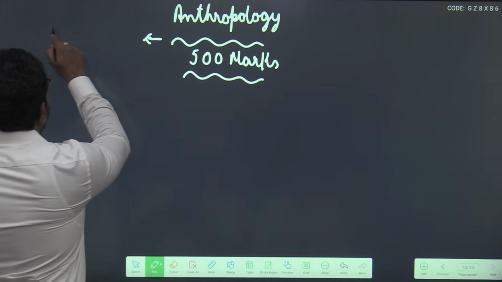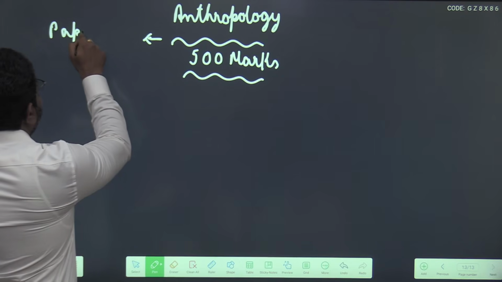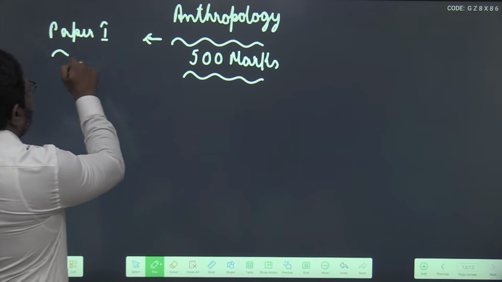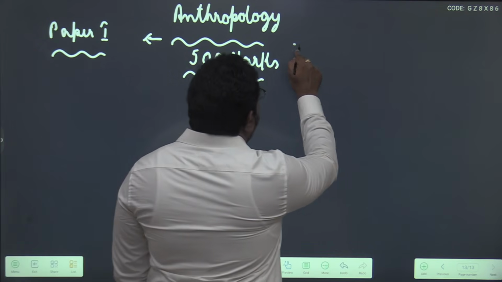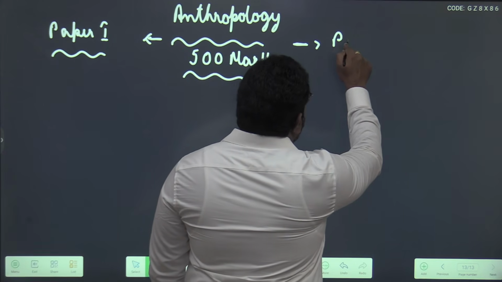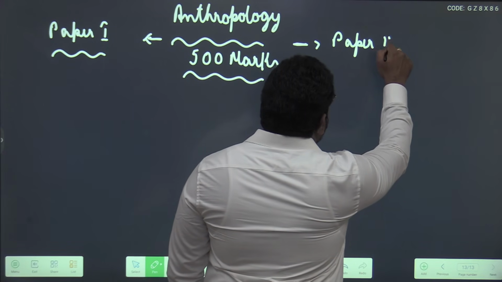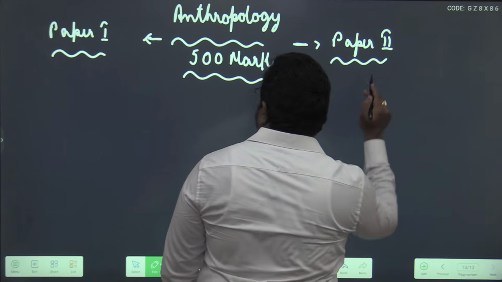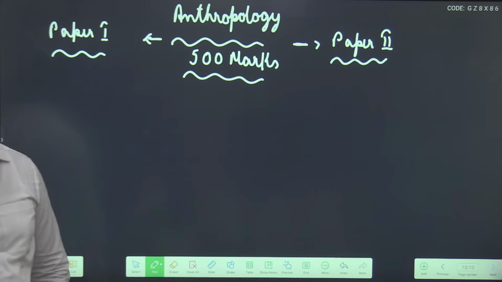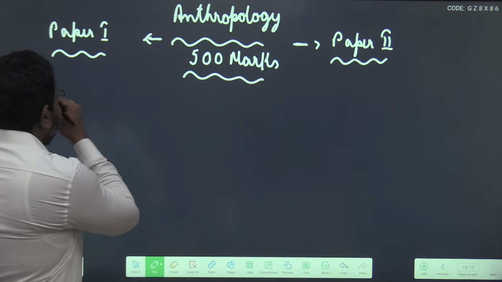So in this one you have paper 1 and you have paper 2, isn't it? So paper 1 is for 250 marks.